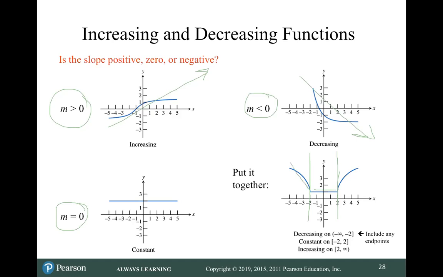This was decreasing from -∞ to -2. It stops decreasing at -2, but we include it in the decreasing interval. We will include the endpoints in the constant interval, and we will also include the endpoints in the increasing interval. However, ∞ and -∞ can never have a bracket because they're not a number, they cannot be included.